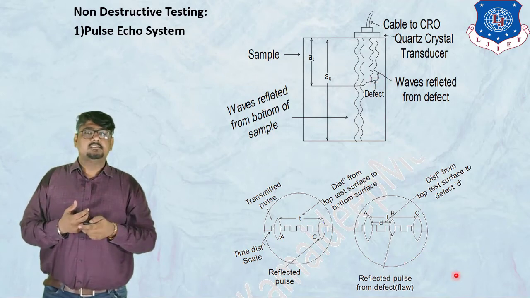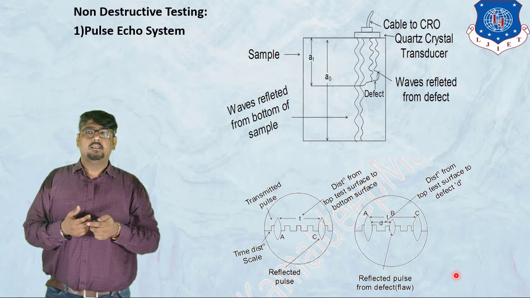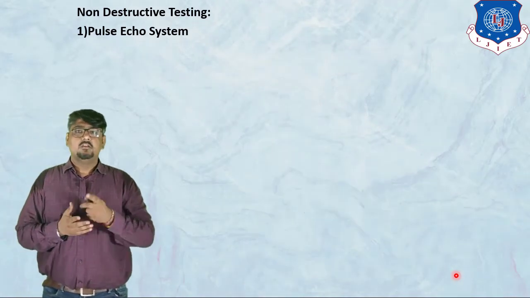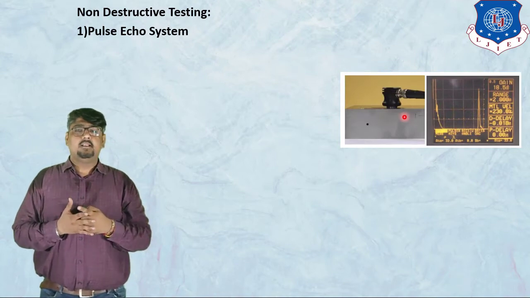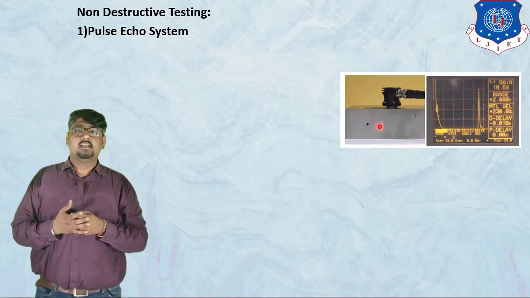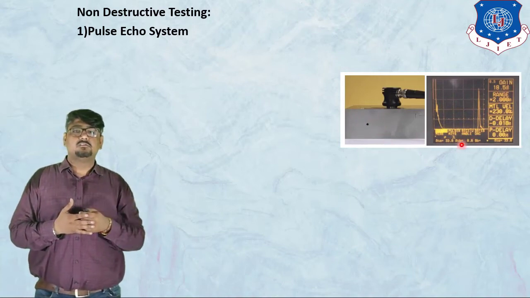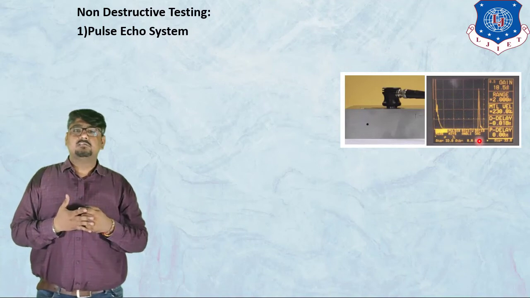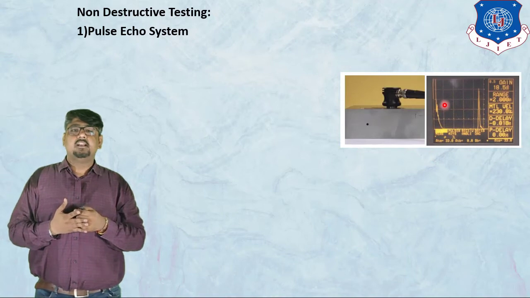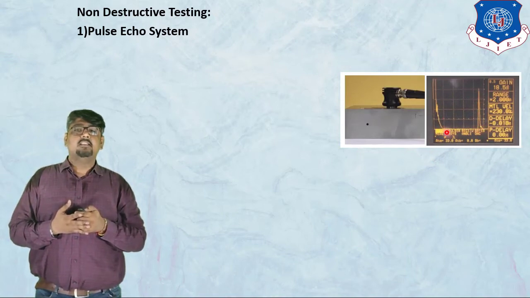Let us understand this in a clearer way. You can see the figure over here. You can see the probe, the metal, and there is a spot in between. On the other side of the image there is a CRO screen, a cathode ray oscilloscope screen. On the screen you can see there are two peaks. This is for when the defect is not there.